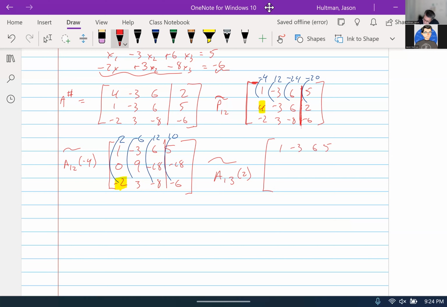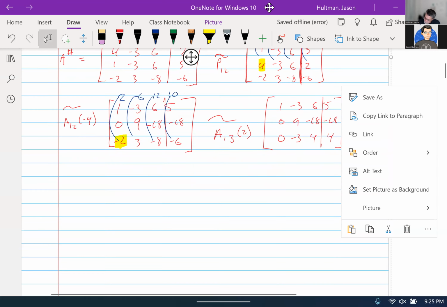Second row stays the same: 0, 9, negative 18, negative 18. And the third row, I'm going to get 0, negative 6 plus 3 is negative 3, 12 plus negative 8 is positive 4, and 10 plus negative 6 is also positive 4. We're getting kind of repeated numbers here.